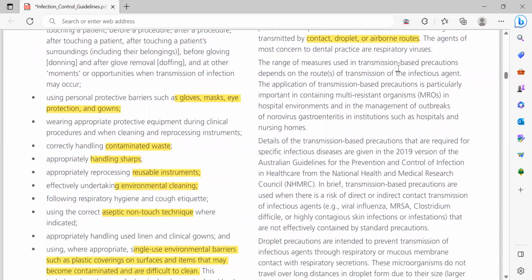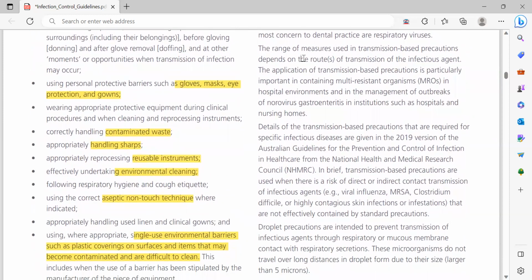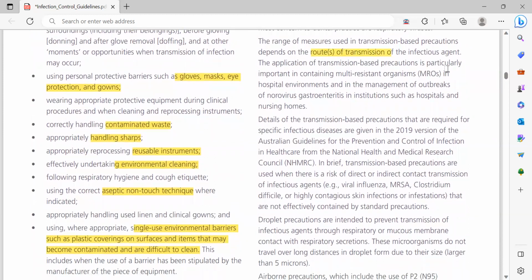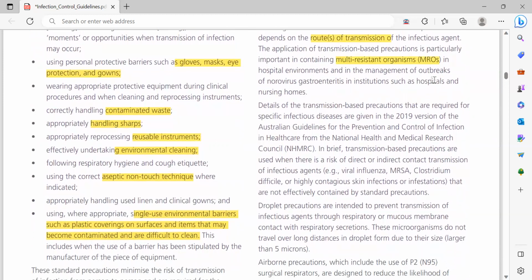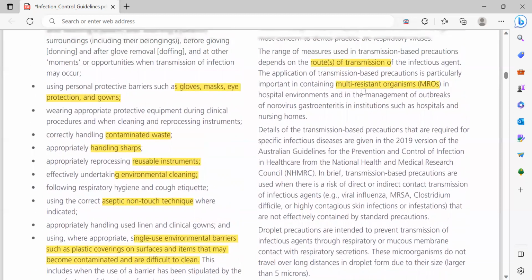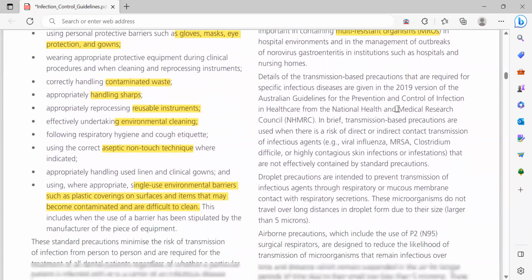The range of measures used in transmission-based precautions depends on the route of transmission, and the application of these precautions is particularly important in containing multi-resistant organisms in the hospital environment, and in the management of outbreaks of norovirus gastroenteritis. So you should be more prepared for these patients.